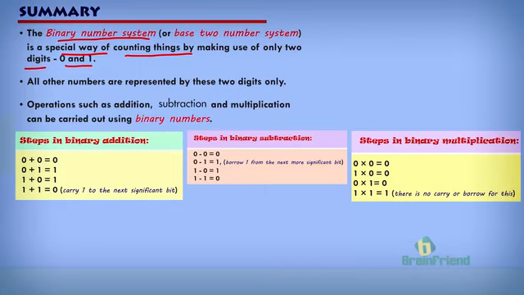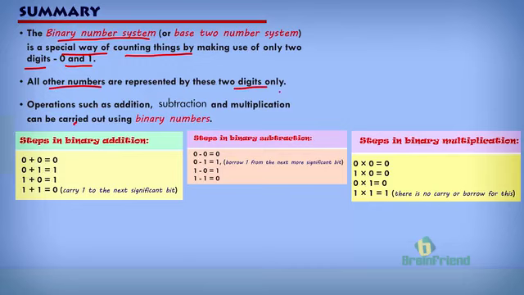We said also that in the decimal number system, which we use in our day-to-day life, we have 10 digits, 0, 1, 2, 3, 4, 5, 6, 7, 8, 9. But in the binary number system, we have just 2 digits, zeros and ones. We said all other numbers that we are used to can be represented by these 2 digits alone.